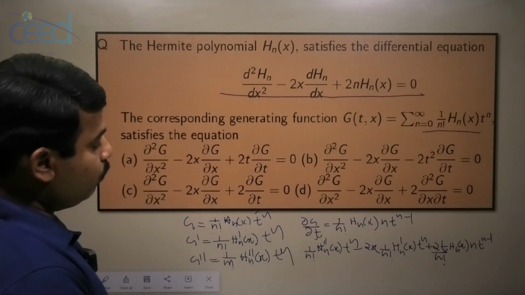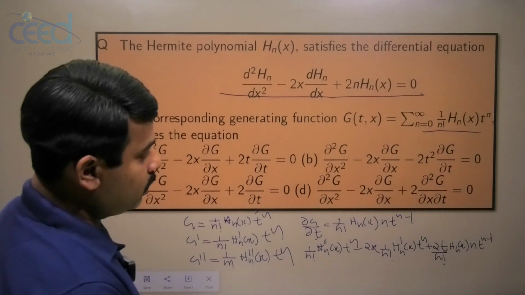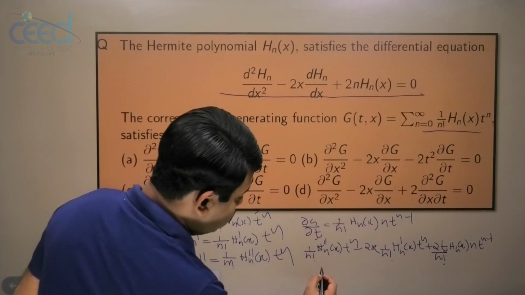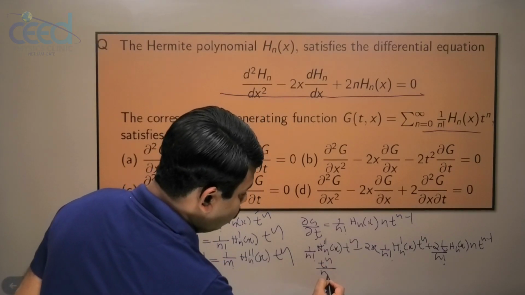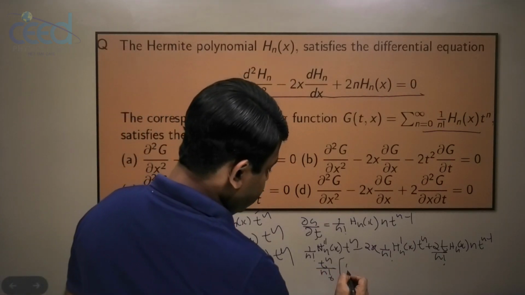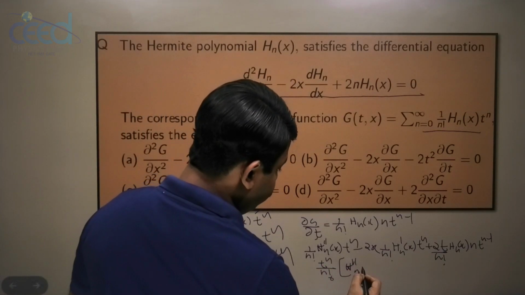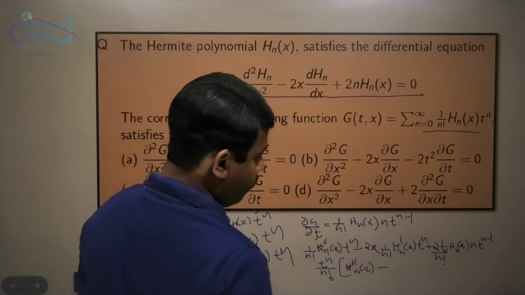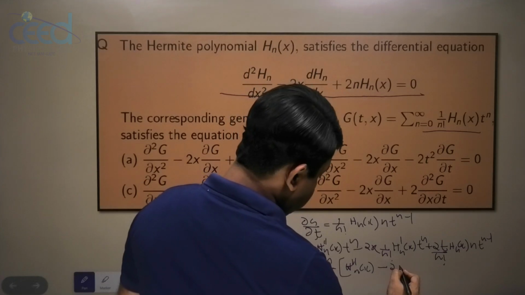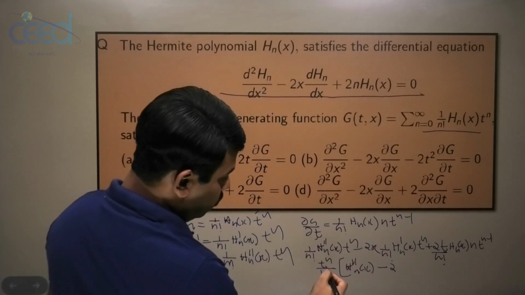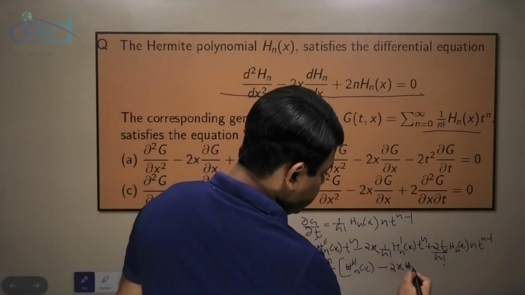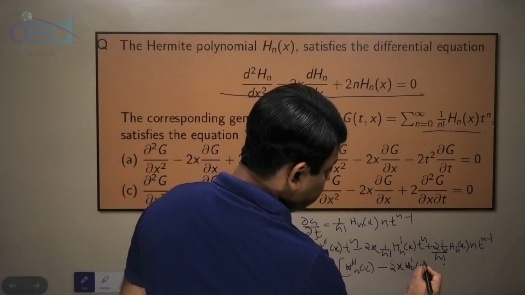Now you can take a common term out. What is the common term? 1 by n factorial t raised to n, that is, t raised to n by n factorial, is common everywhere. Then h_n''(x) minus 2x h_n'(x).